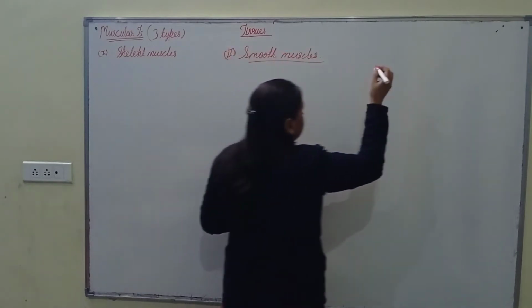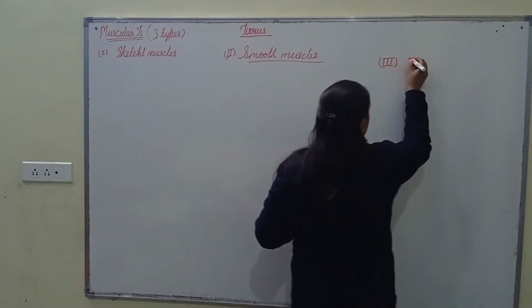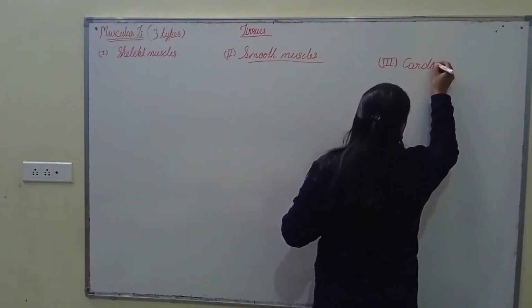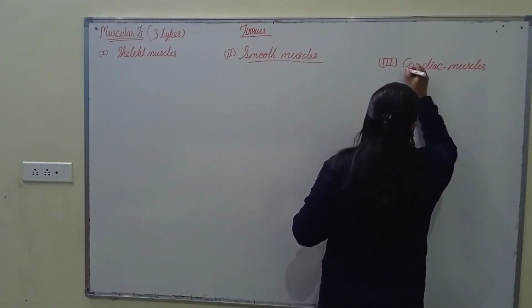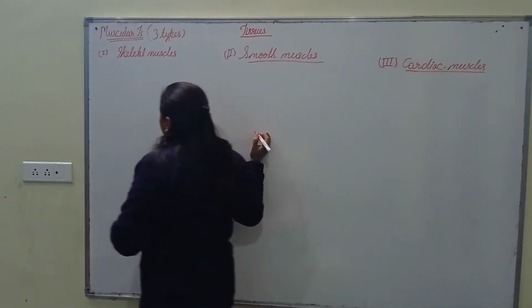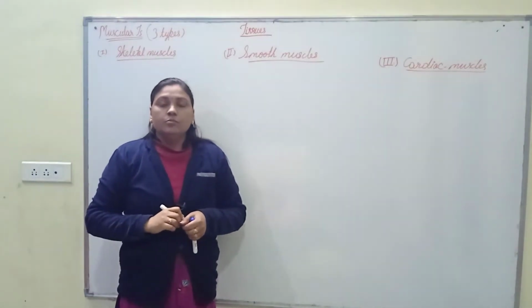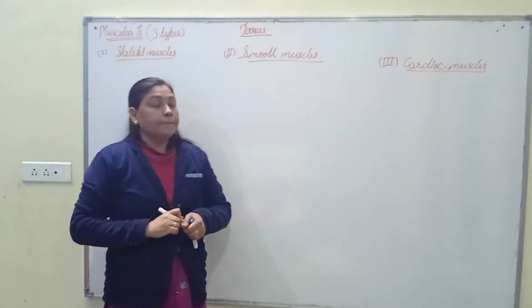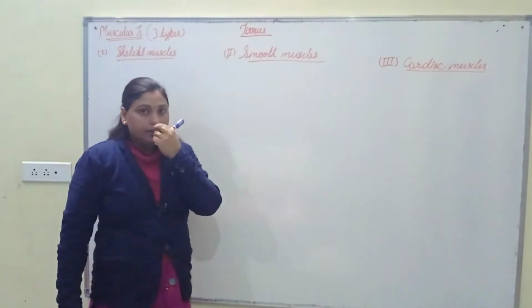And third one is cardiac muscles. So on the basis of structure, location, and function, muscular tissues are divided into three types, and they are skeletal muscles, smooth muscles, and cardiac muscles.